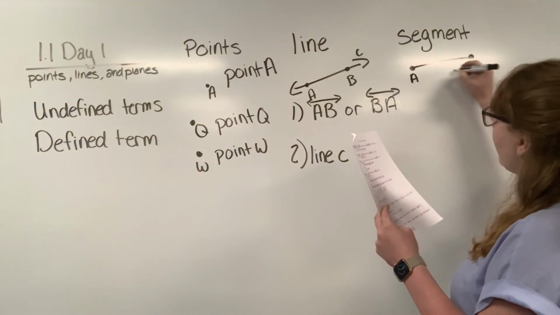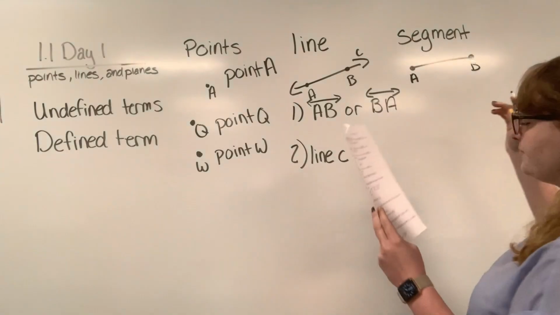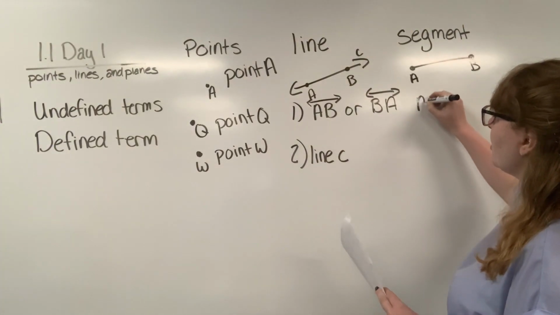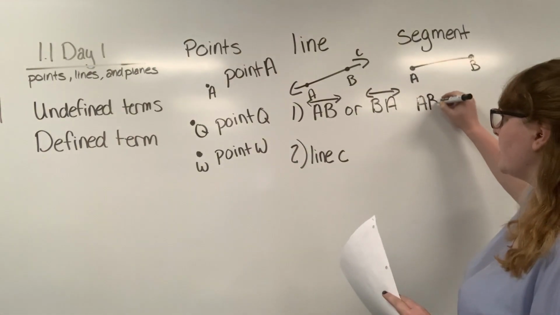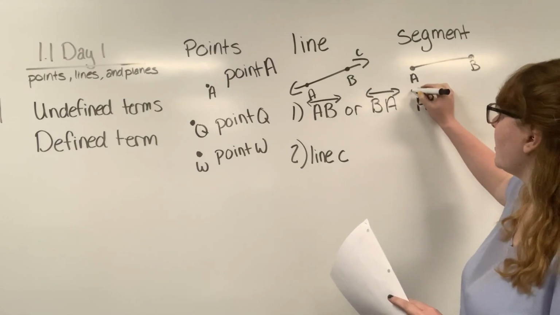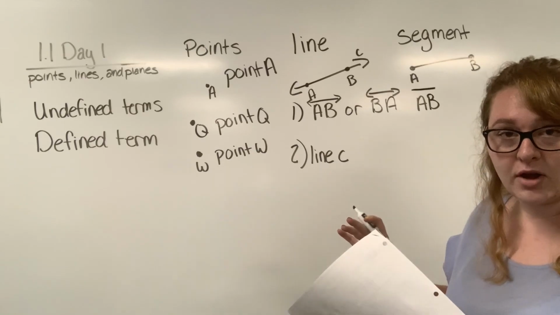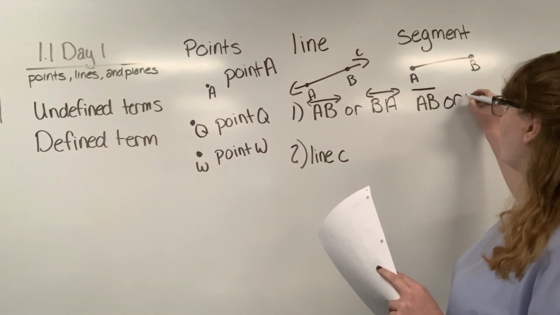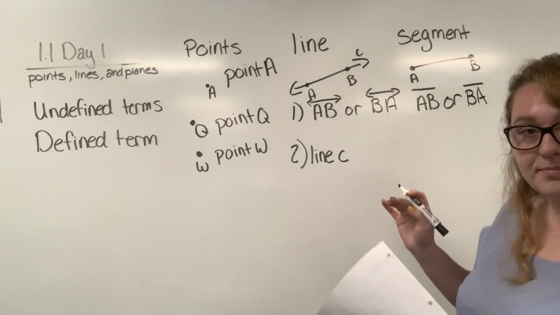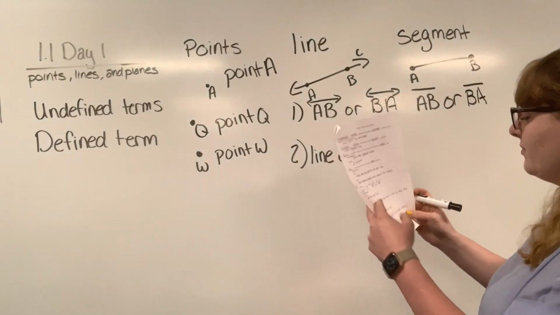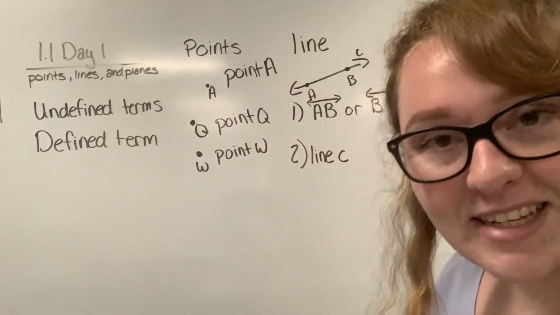If these two were labeled A and B, the way that we would name this is you would write the starting point A, and then you would write the ending point B. You draw a line over top, but this one has no arrows because it does not go on forever. You can also write it backwards from B to A. Okay? And a segment is a part of a line with a beginning and an end.